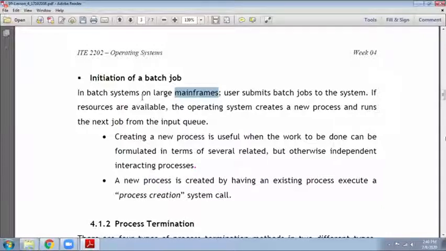So you put one whole batch, like overnight processing, and it can run without user interaction. Automatically, it can perform. So the user submits batch jobs to the system, not one by one, but a collection of jobs.